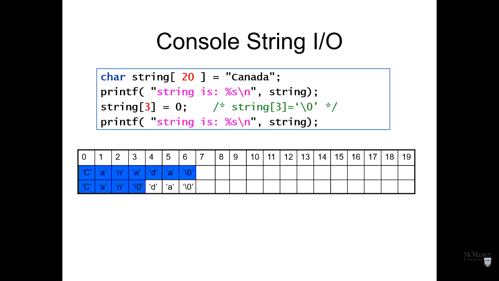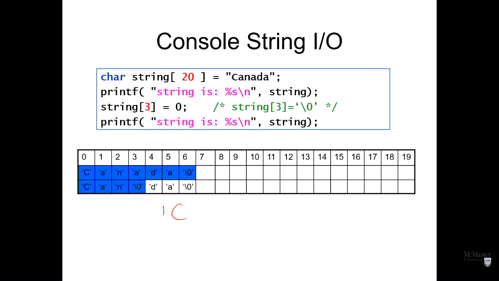Okay. So printf this string, and then you say string is, and then Canada, right? And then the other thing is if you say string[3] = 0. I have to explain this. I don't know if you guys can see here, but Canada is an array of characters, C-A-N-A-D-A, and then the null operator, right?